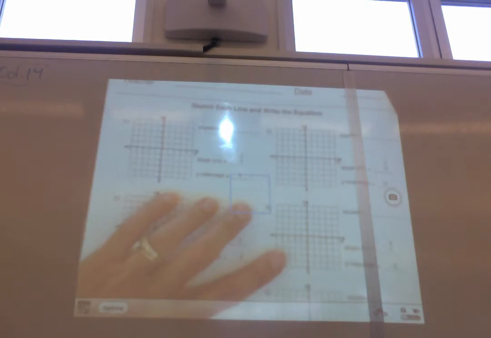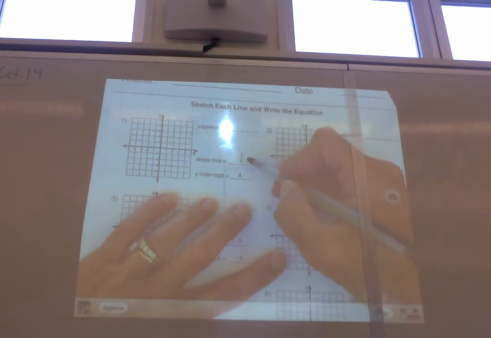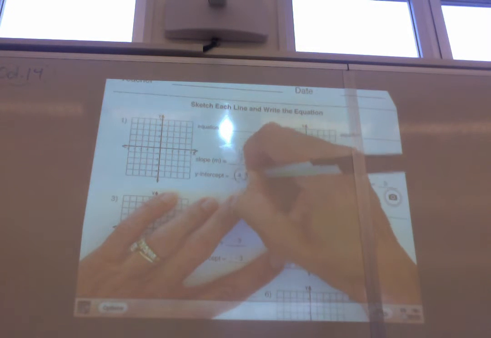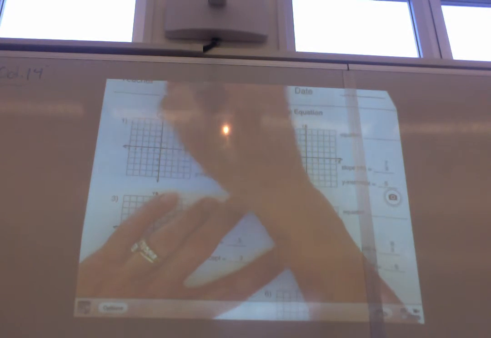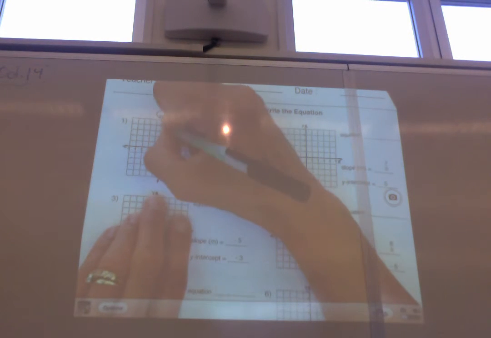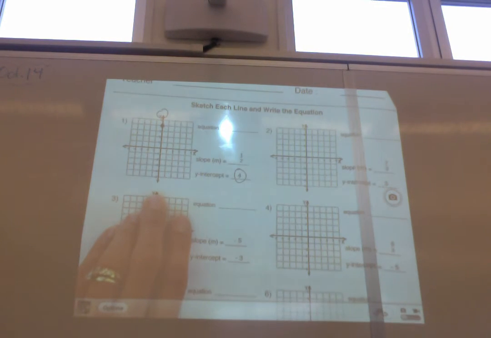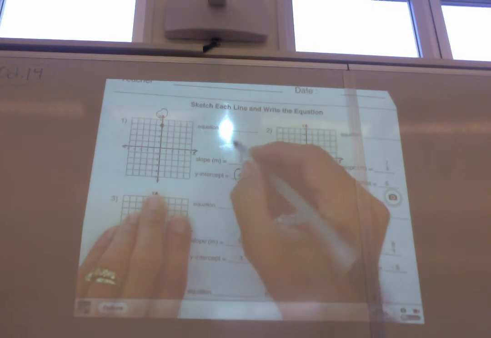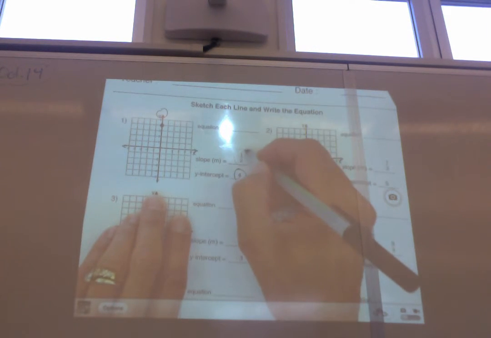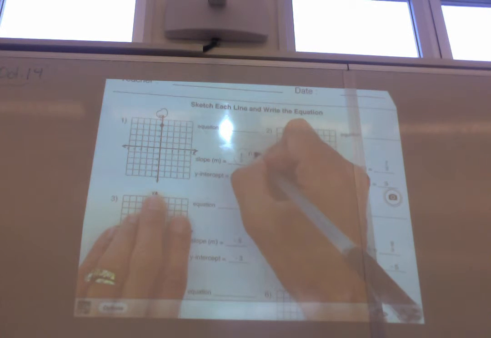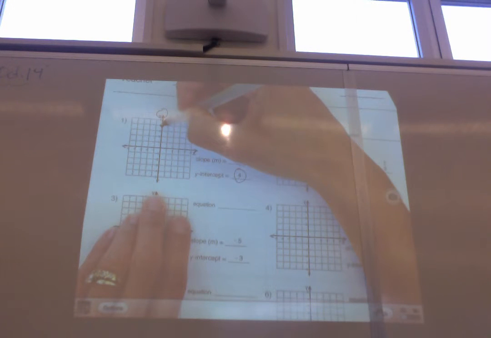Sketch each line and write the equation. It gives you a slope and a y-intercept. The first thing you do is take that y-intercept and put it on the y-axis. Y-intercept's 4. Here's a 4. Put a dot. The next thing you do is you take this slope and know this is rise over run. So from this dot, it's telling us to go up 1 over 2.